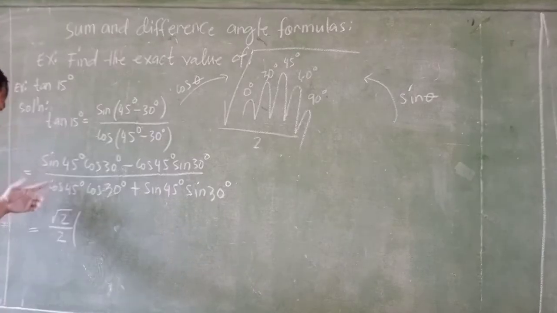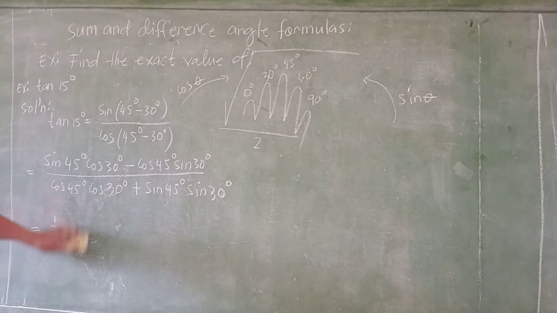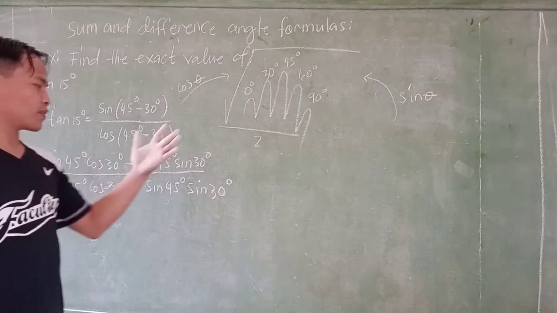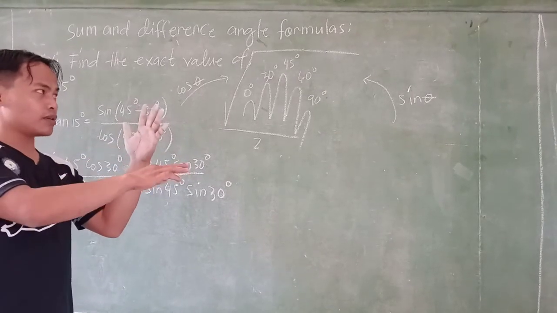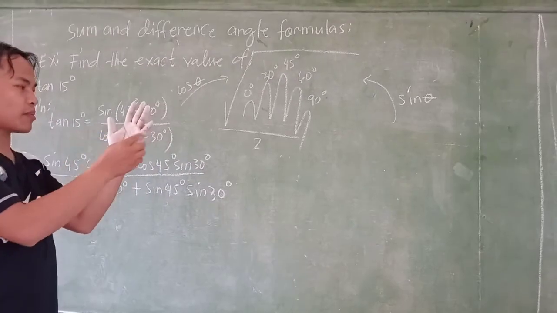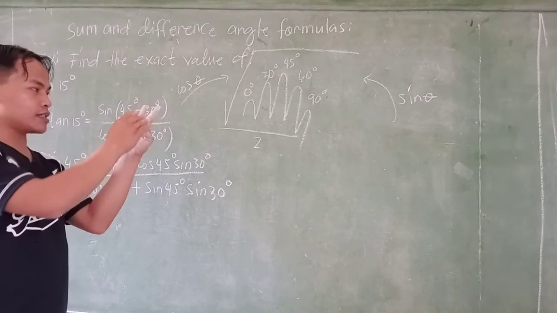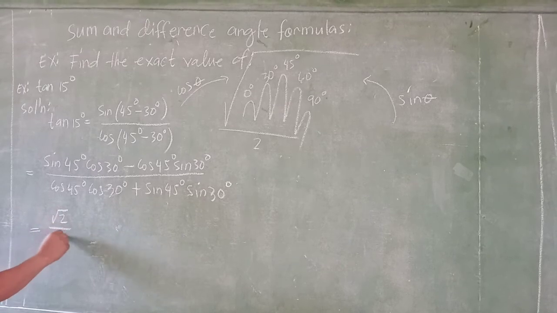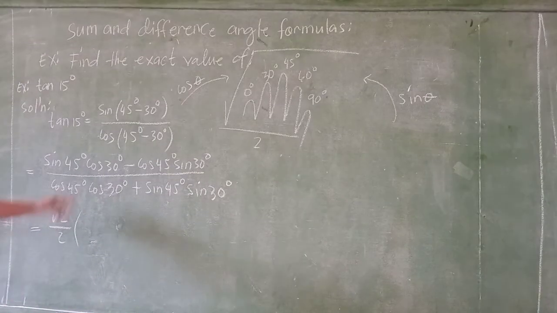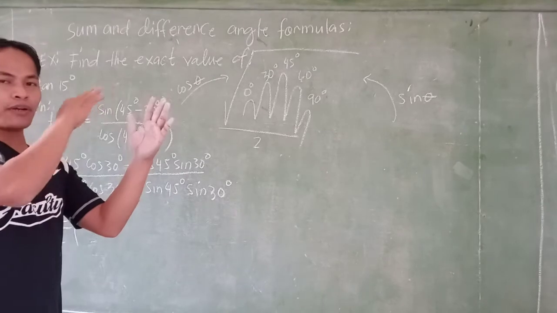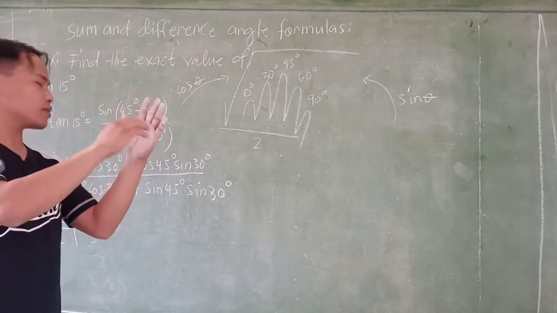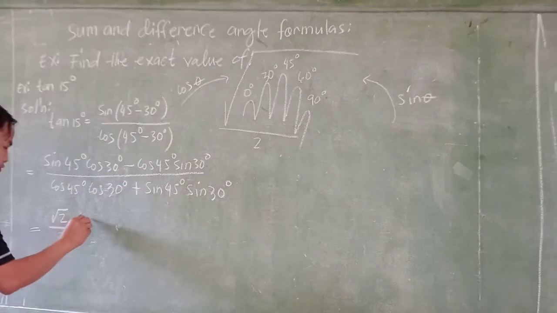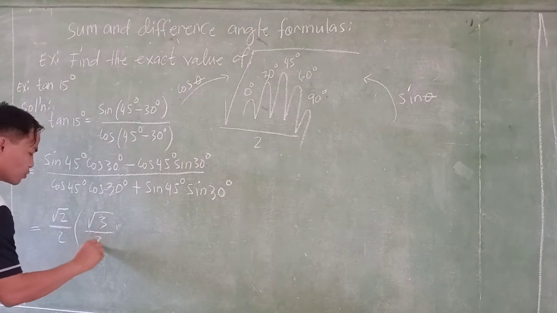Let us start with the numerator. Sine of 45, 90, 60, 45, the remaining is 2. So square root of 2 over 2 times cos of 30. 0, 30, the remaining is 1, 2, 3, or square root of 3 over 2.